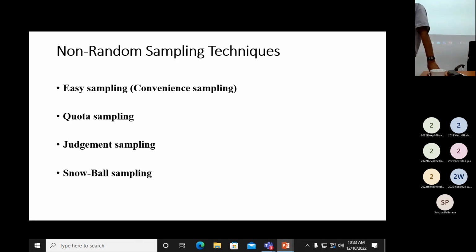In studies of illegal activities, this method should be applied. Example, murderers, drug abusers, sex workers, like that. You know that this method should be used.